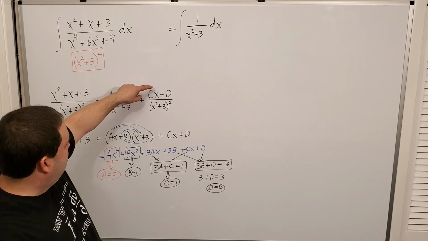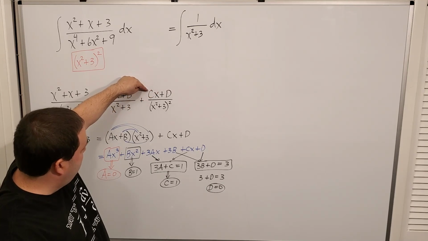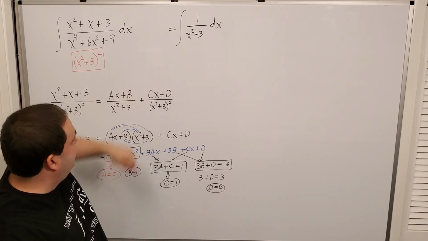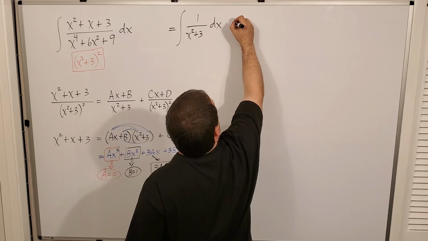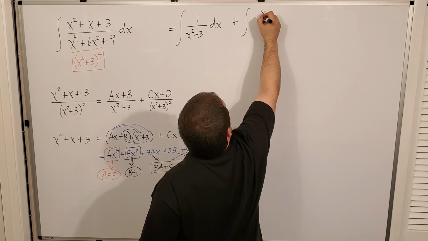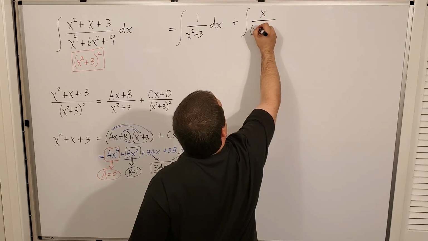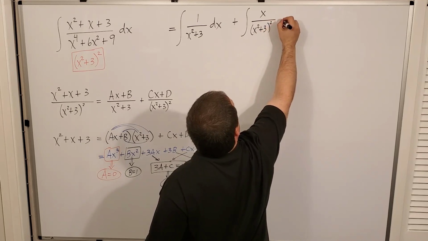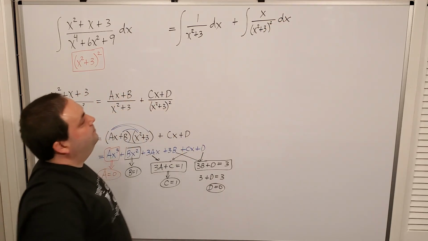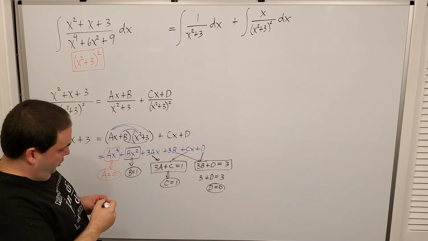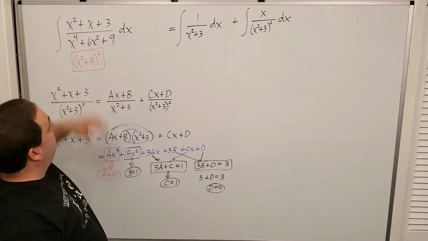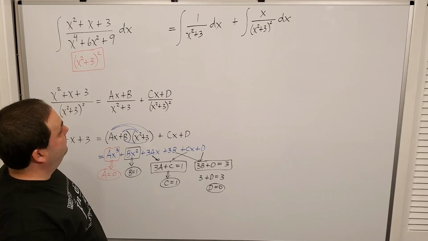Plus cx plus d. Well, c is 1 and d is 0, so that's just x. Plus the integral of x over x squared plus 3 squared dx. Both of those are much more straightforward integrals than the original mess over here.